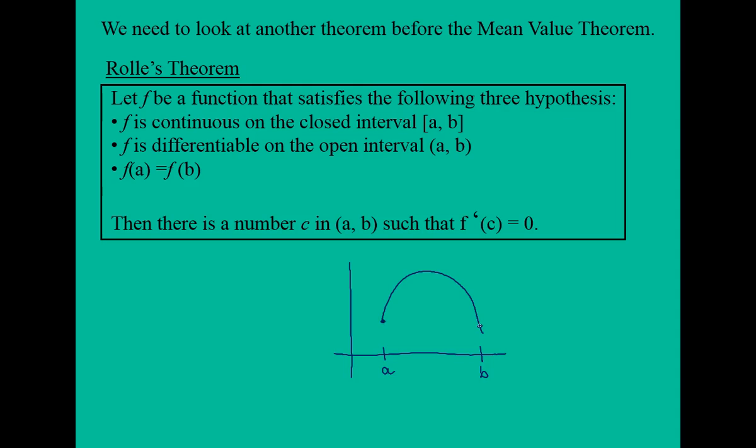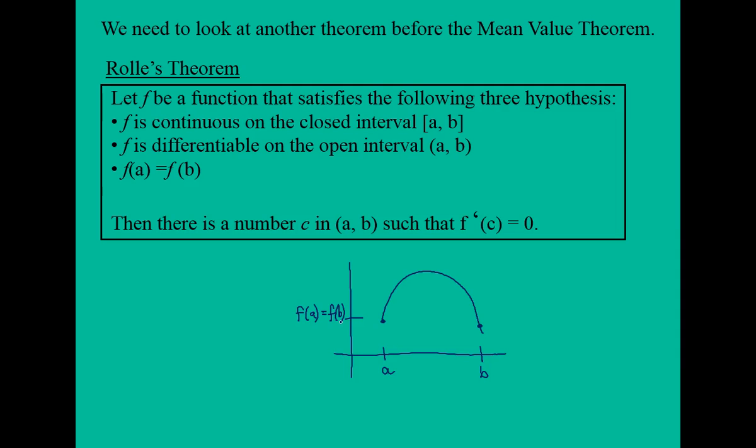So this function is continuous on the closed interval [a, b] and is differentiable on the open interval (a, b). And f of a equals f of b. Here we can see f of a equals f of b.